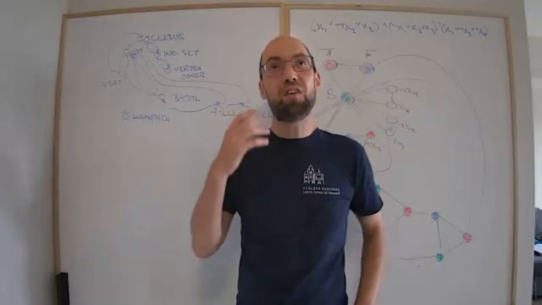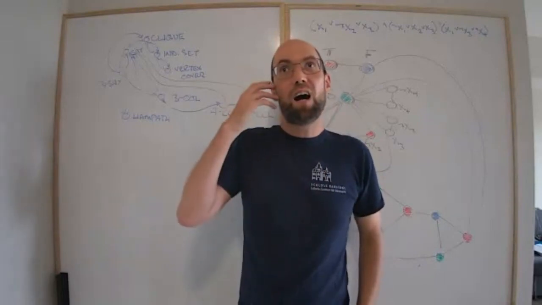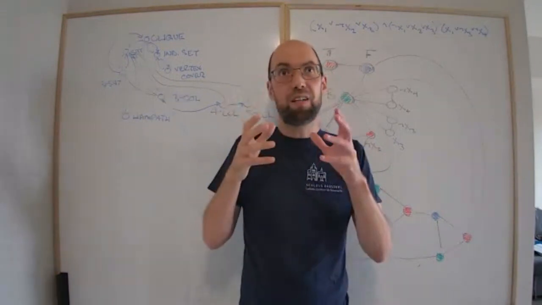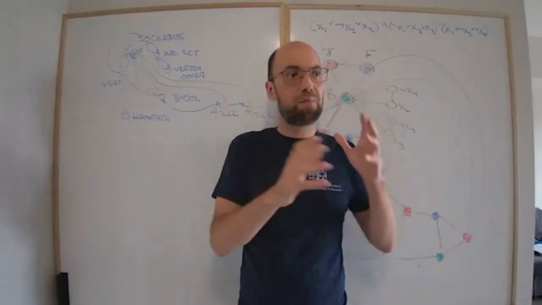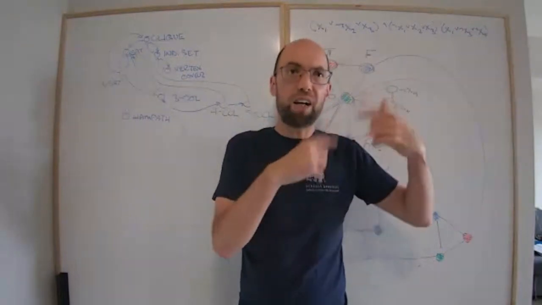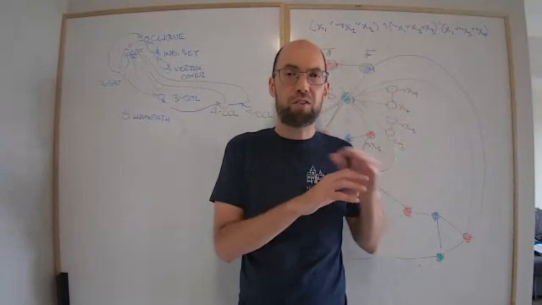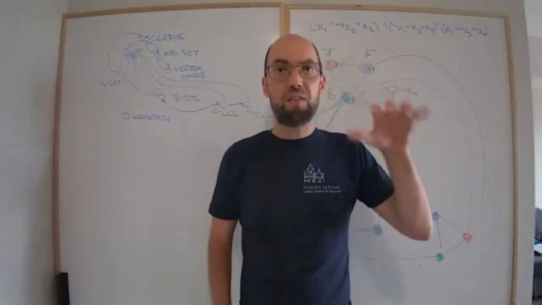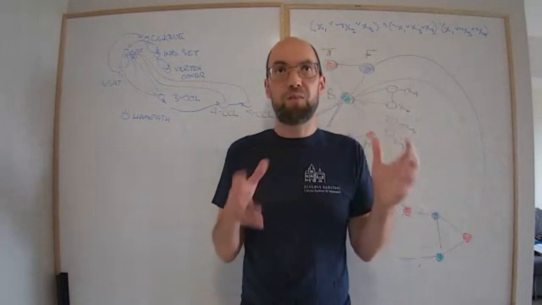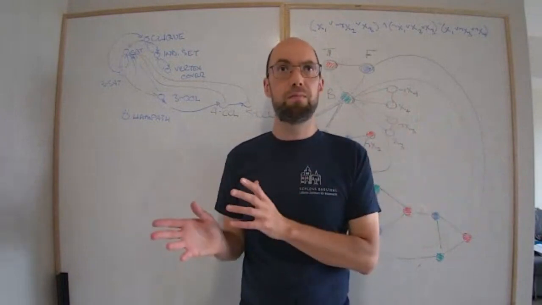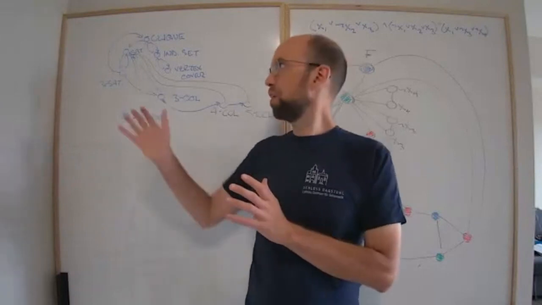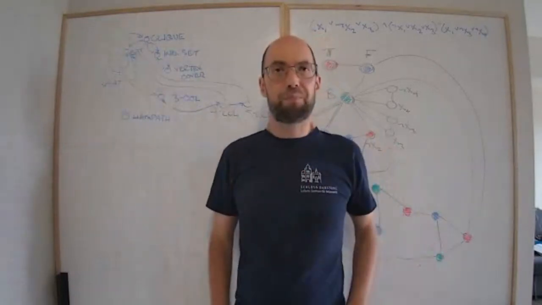So the idea is to show that if you can write a program in assembly that runs in polynomial time, then you can write a logical formula, a propositional formula, that says this program runs in polynomial time. This program says yes. So once we've done that, then we're set.